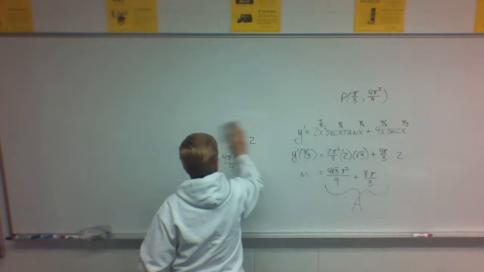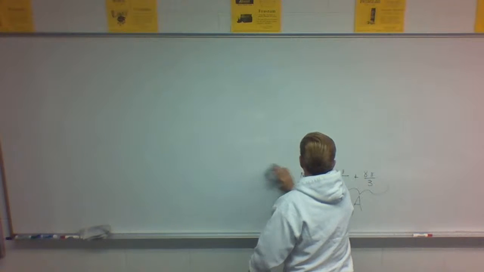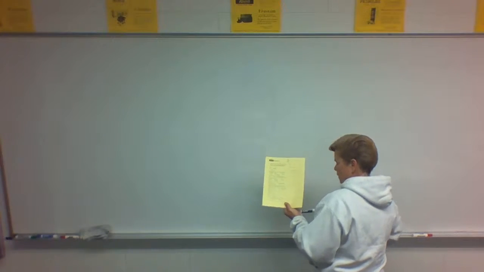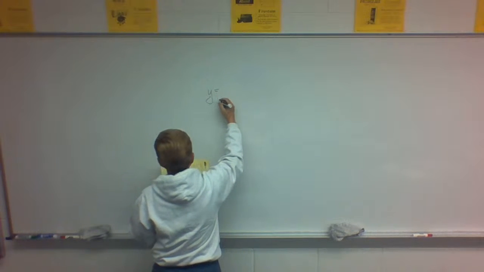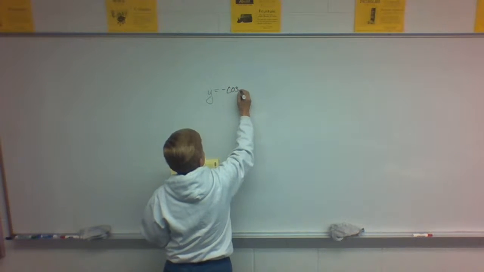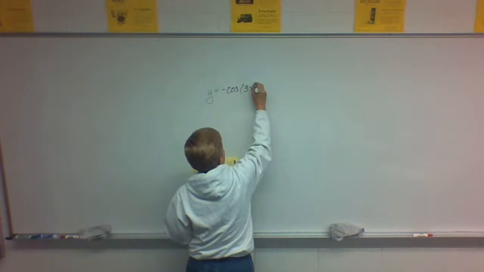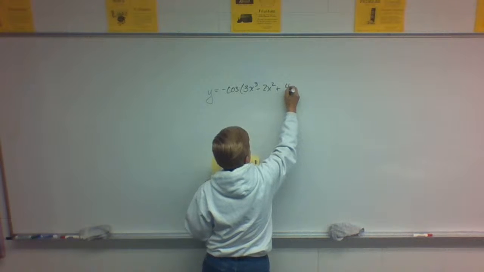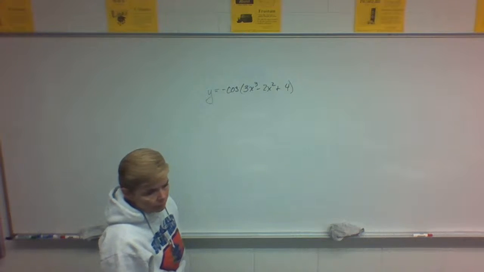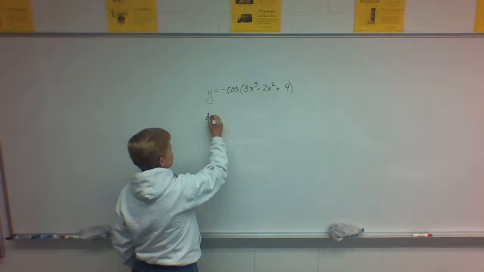Let's say that I ask you to find the dy dx for this. y equals the negative cosine of 3x cubed minus 2x squared plus 4. What's y prime going to be, dy dx?